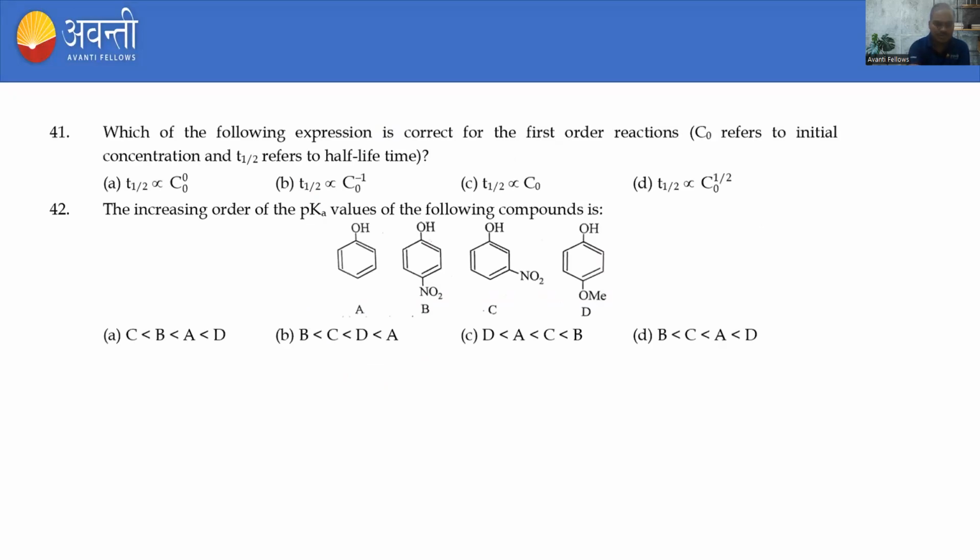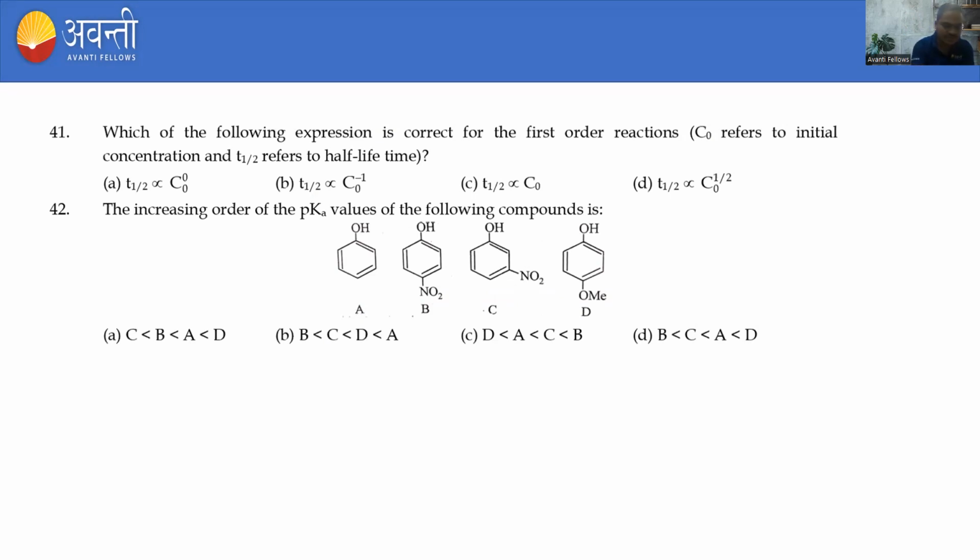Okay, so now move to question number 41. What question number 41 basically asks is, which of the following expressions is correct for the first order reaction? C naught refers to the initial concentration and t half refers to the half-life time. So you have to establish the relationship between the half-life and the initial concentration of this reaction.